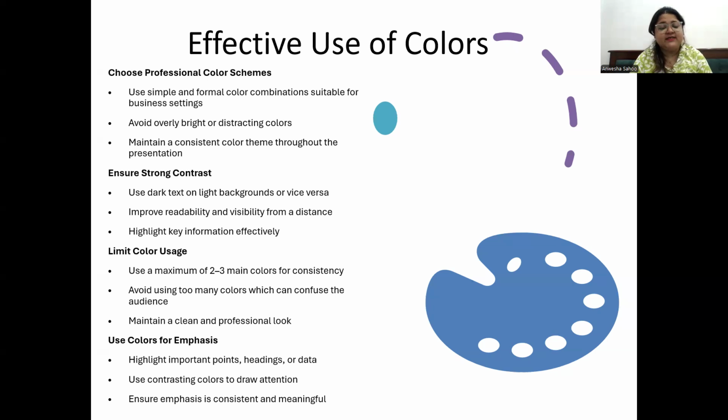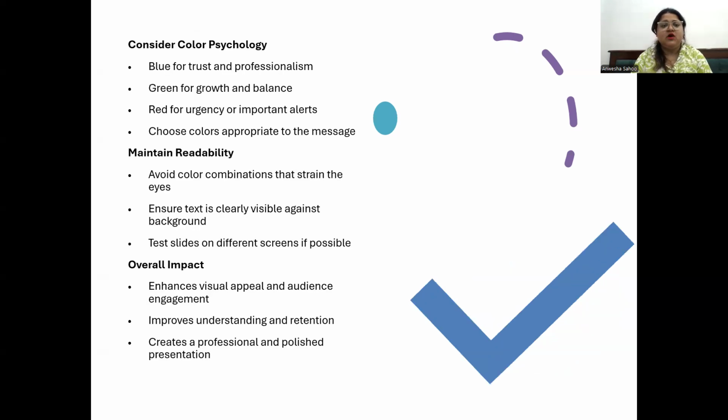Use colors for emphasis. For example, highlight important points, headings, or data. Use contrasting colors to draw attention. Ensure emphasis is consistent and meaningful. Also, consider color psychology. Each and every color demonstrates a particular emotion.